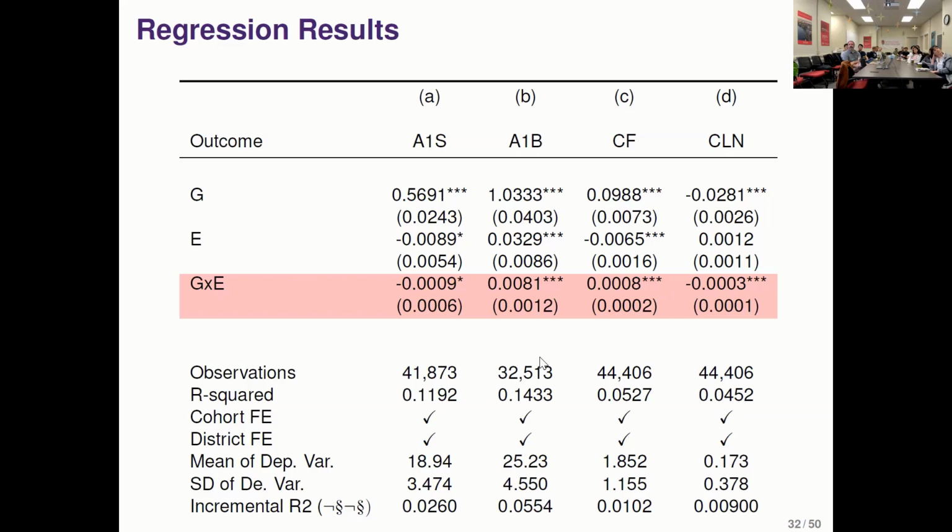What about the environment? We see an effect, the strongest effect we see on age of first birth and number of children. And this means that a 1% increase in pill availability is associated with 0.03, so it means that a change of 10% is associated with about a third of a year in age of first birth.